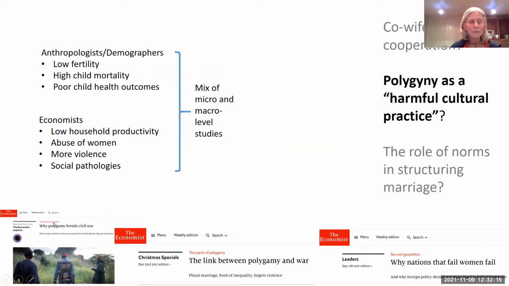I think it was back in 2016, they had a paper, Why Polygyny Breeds Civil War. They liked it so much, they covered it again in their Christmas special the next year. And just 2 months ago, they came back to the same theme again. And in each of these articles, they very much point the blaming finger at polygyny as being the source of all evil.